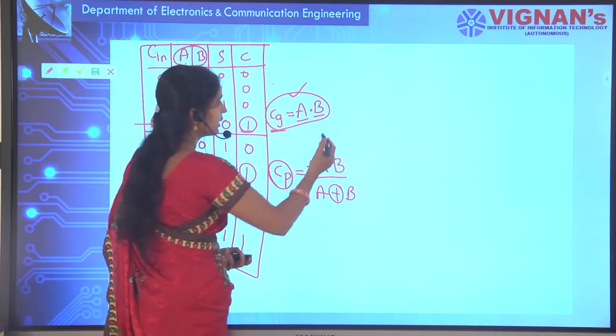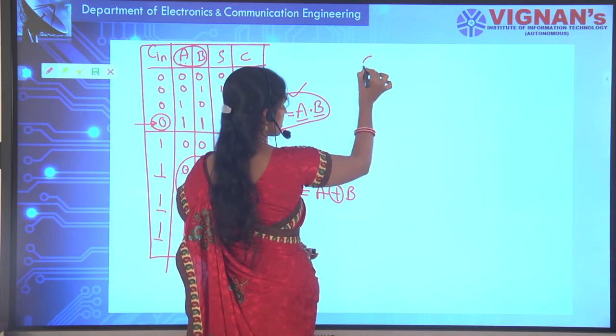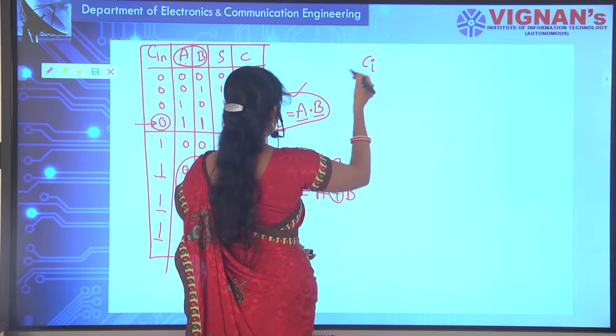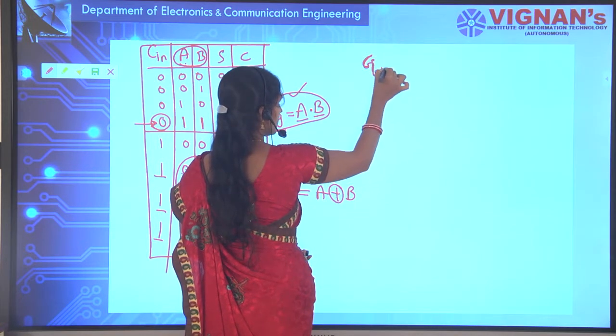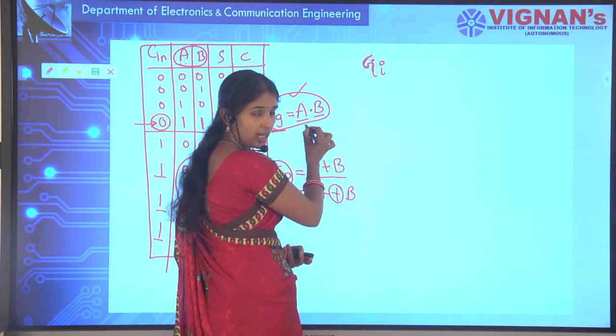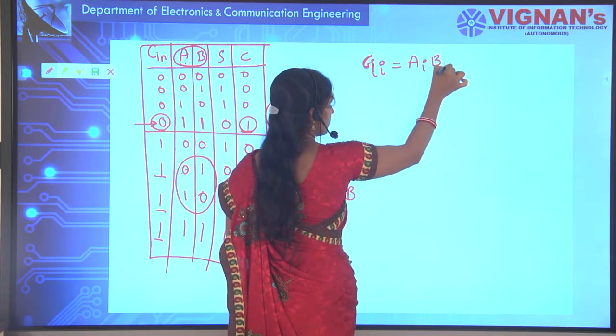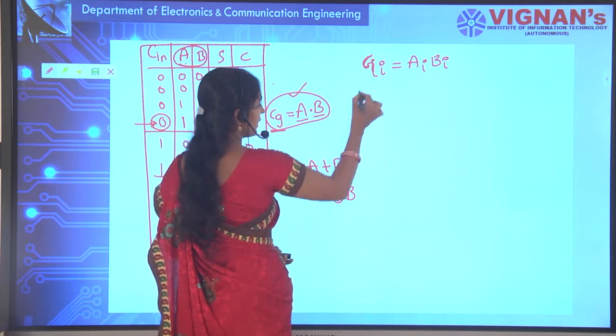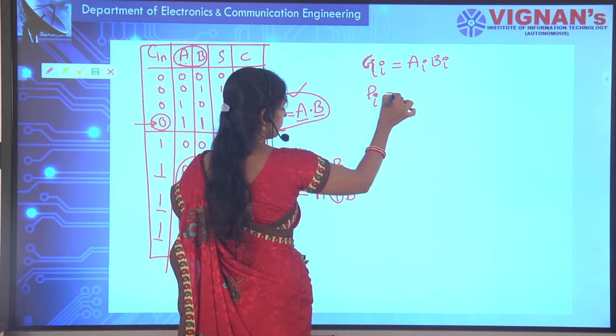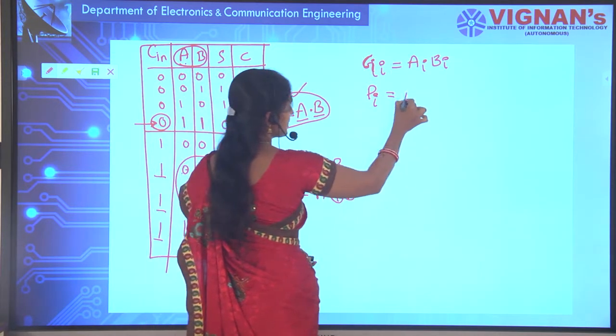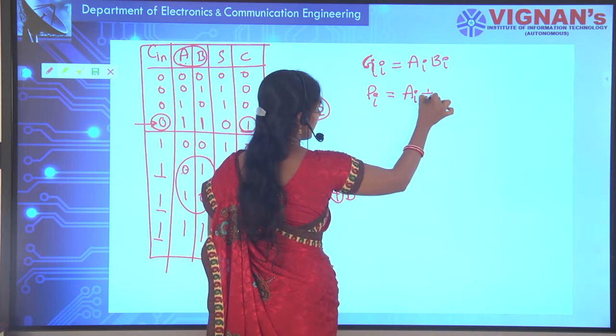See, this is given by some simple expressions. Gi, that is carry generated, is equivalent to Ai into Bi, and carry propagated, that is Pi, can be written as Ai plus Bi.